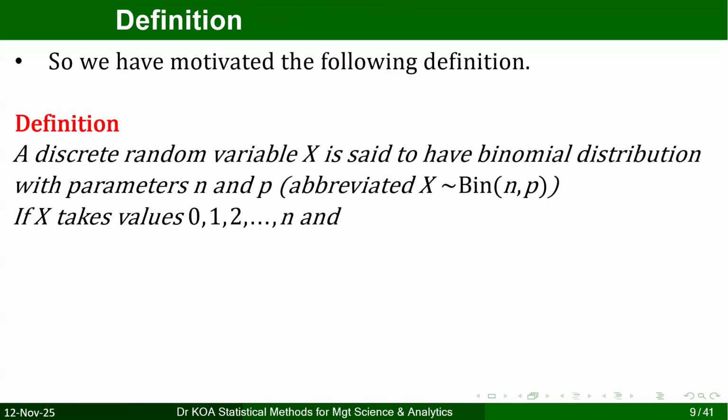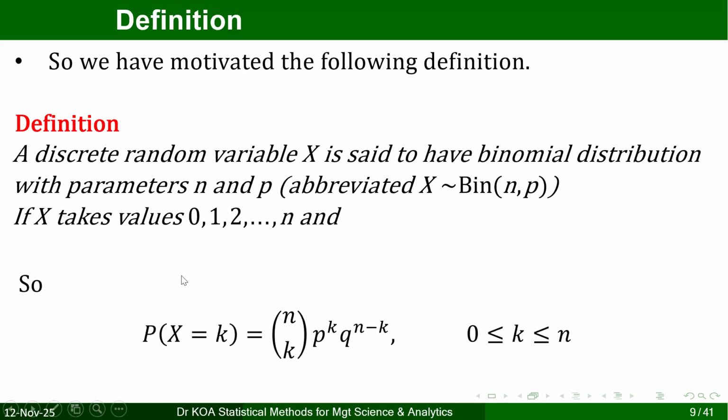So we can now define a binomial random variable. A discrete random variable X is said to have a binomial distribution with parameters N and P, abbreviated as X is binomially distributed with an N sample size and a P probability of success, if it takes values that are integers.